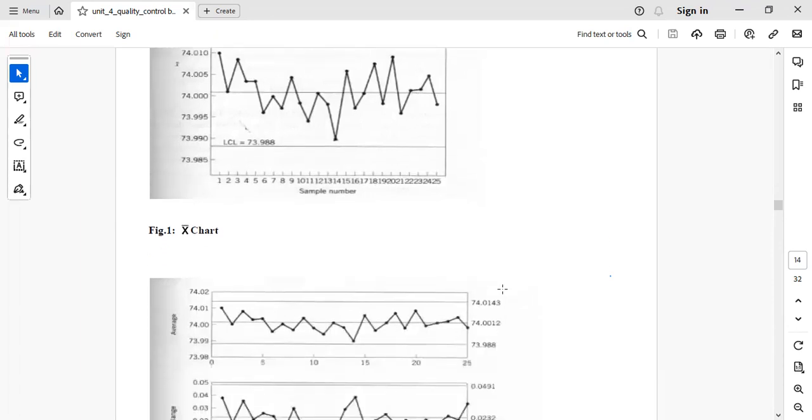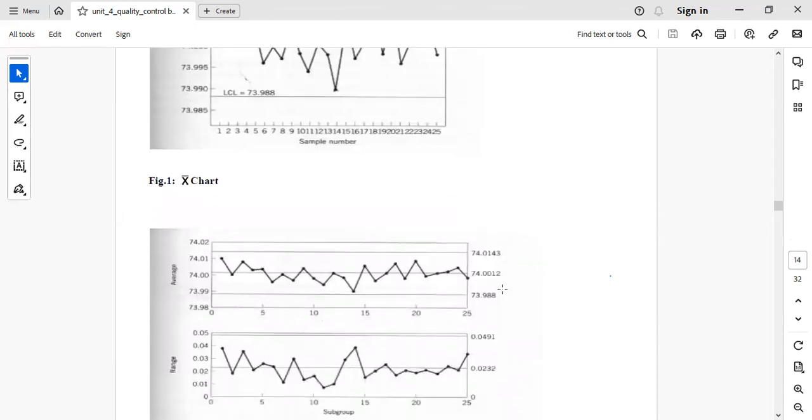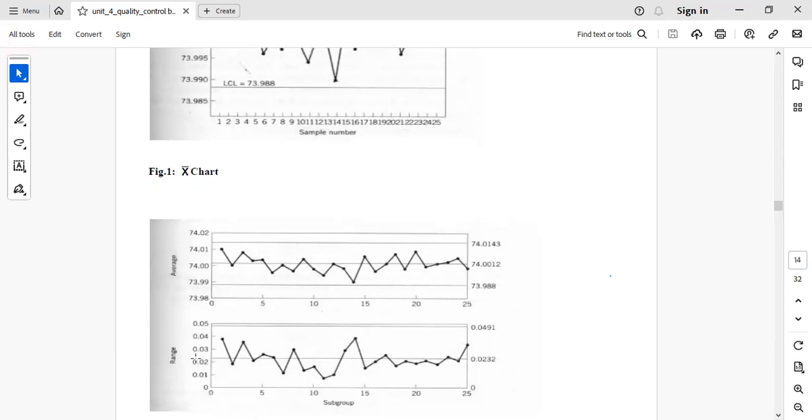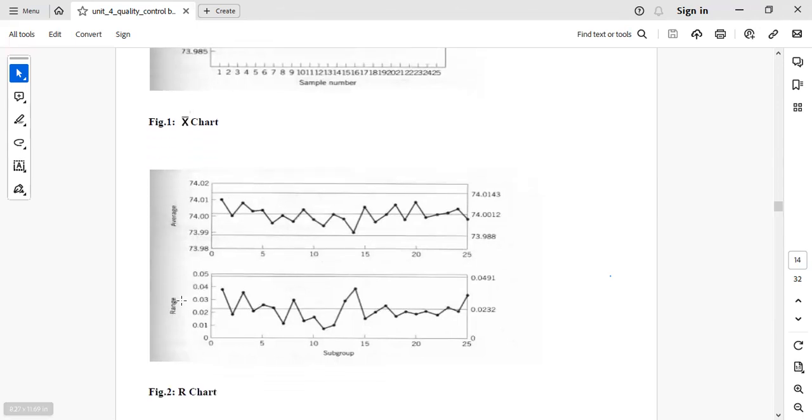Now, again, this is the same case here. It's only that it is a bit squeezed, but this is the same as what we have up here. But now consider the range, the R chart here.